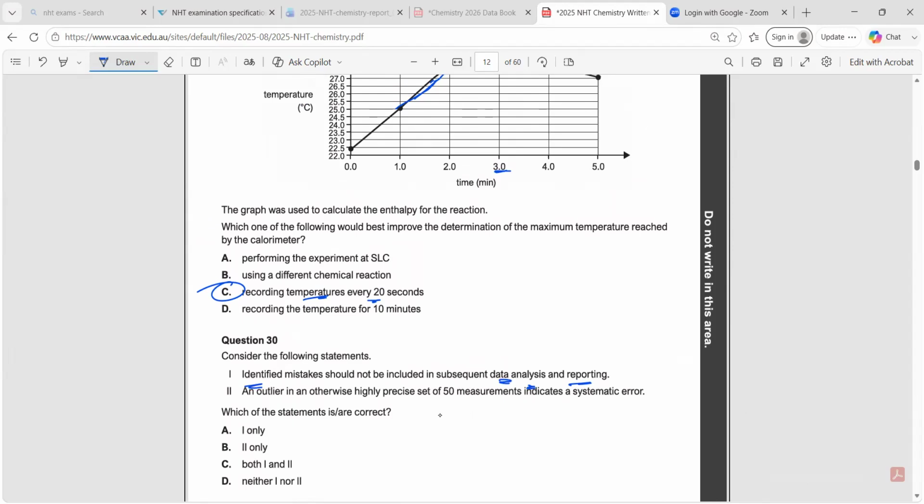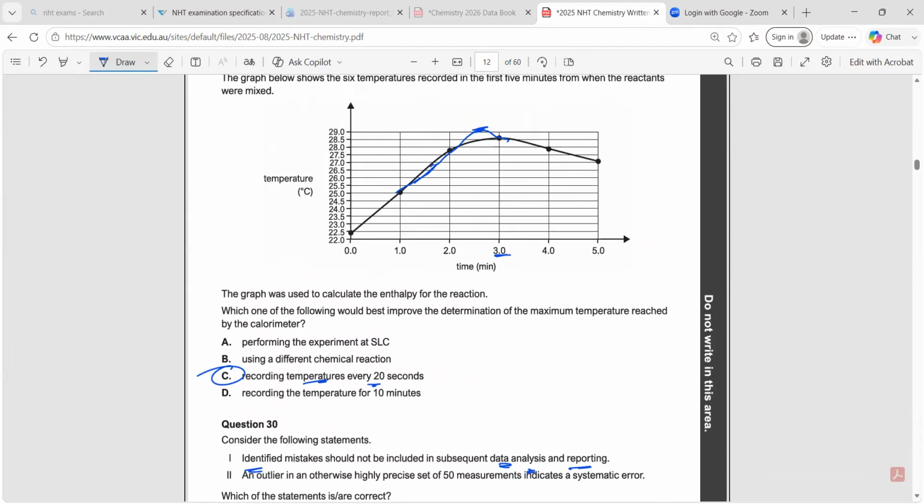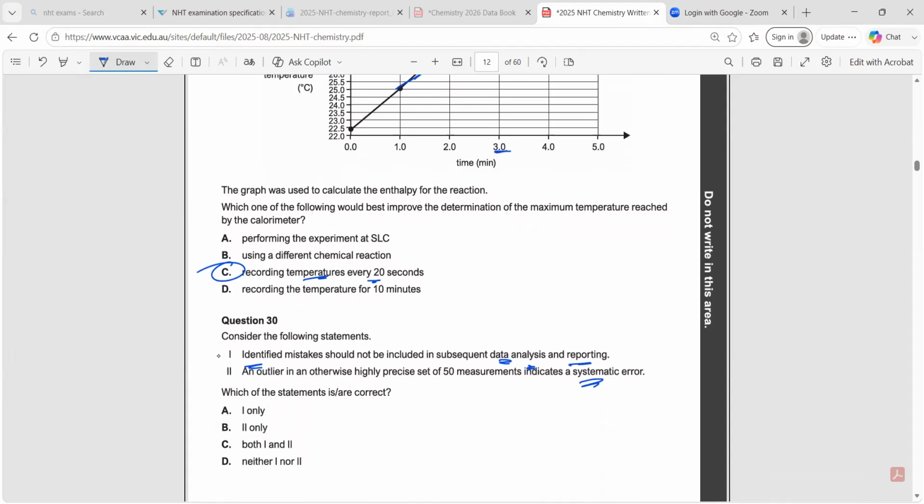An outlier in an otherwise highly precise set of measurements indicates a systematic error. Generally speaking, no. If we have one or two outliers, it's more so because of a random error, right? Something that happened specific to that situation caused it to be an outlier. And so therefore one is correct, but I don't think two is. It'd be A.